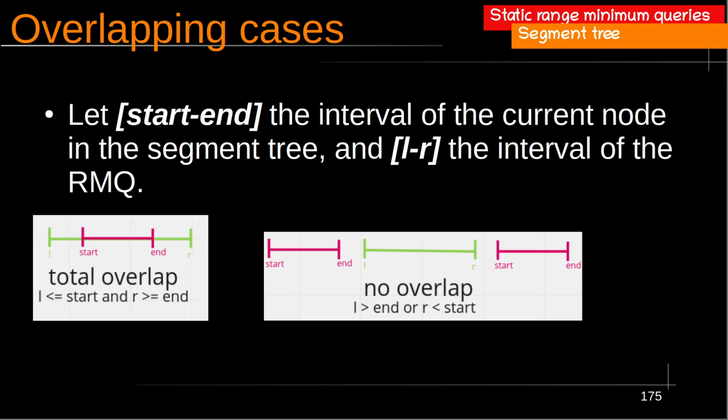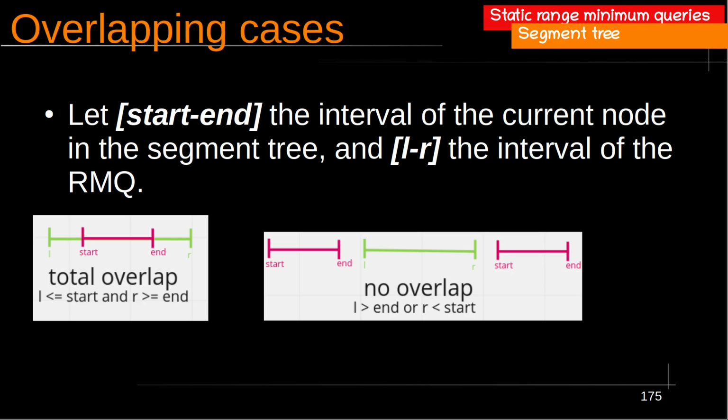Let's understand the overlap cases. Let's call start and end the interval of the current node in the segment tree, and of course L and R the interval of the RMQ, the range minimum query.